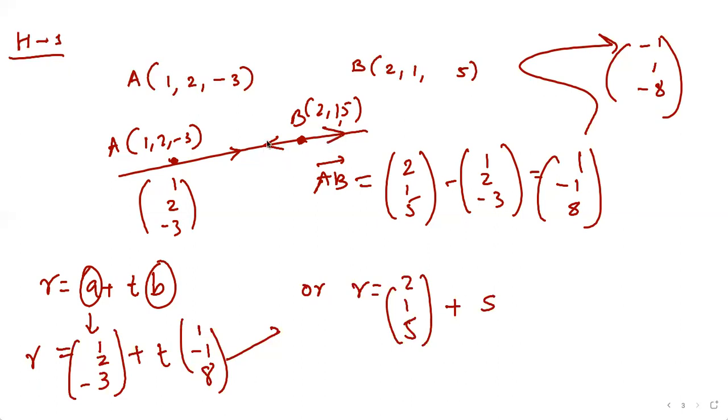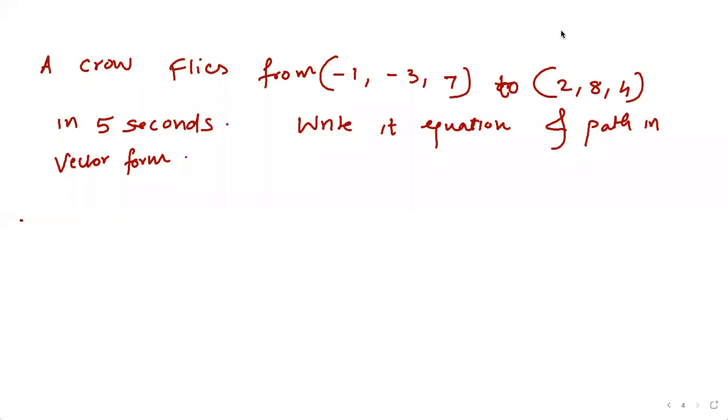It can go in this sense or that sense, it doesn't matter, as long as I'm getting the same line. So it can be written as s times (1, -1, 8), or you could take a scalar multiple of this direction, such as (2, -2, 16). Anything is fine as long as you're writing the correct equation of the same path.